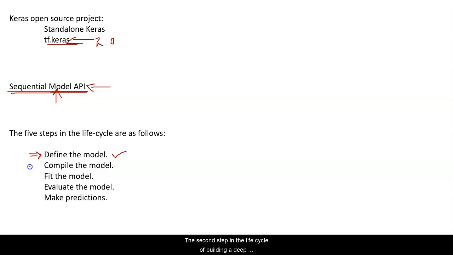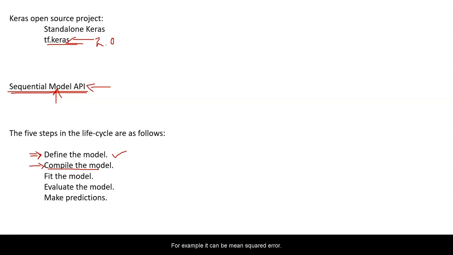The second step in the life cycle of building a deep learning model is to compile the model. Compiling the model requires that you first select your loss function. Loss functions are otherwise called cost functions. First you must choose the loss function that you want to optimize.